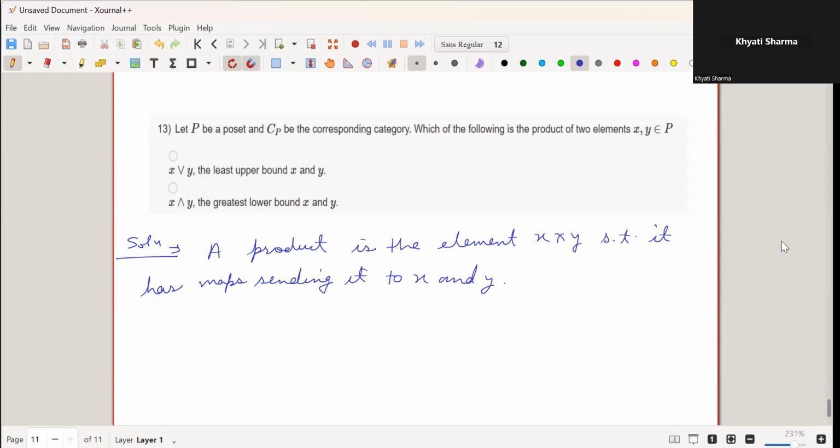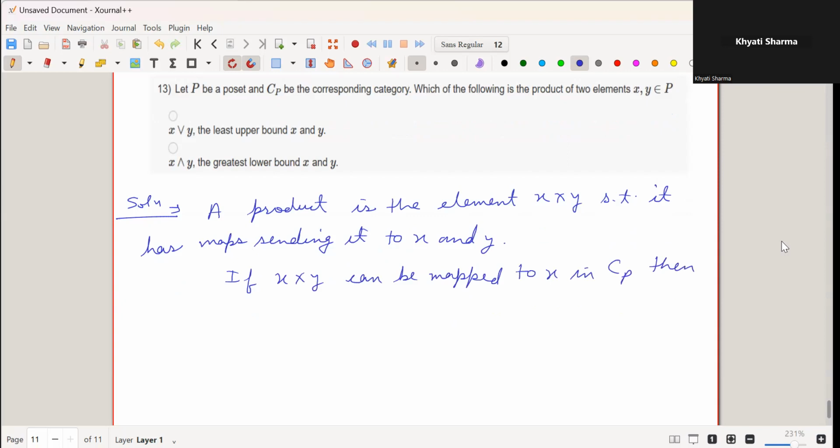So if x cross y can be mapped to x in the category of P, then, since an element can be mapped to another element in the category of a poset when that element is less than the other element, x cross y is mapped to x in C_P means x cross y is less than or equal to x.